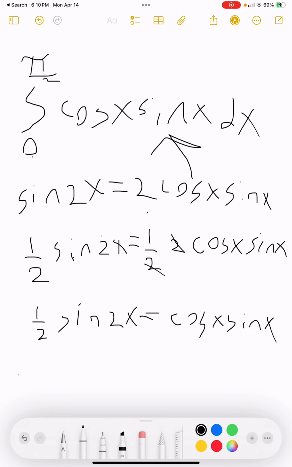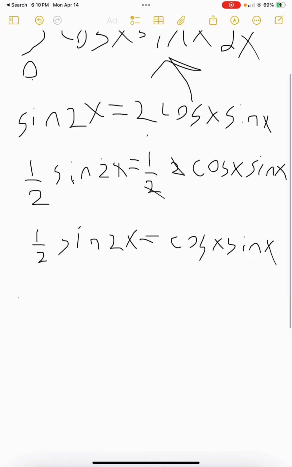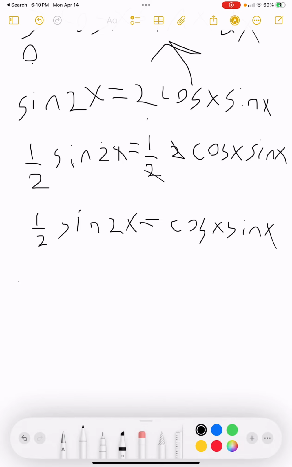Now we have two similar things. So what we can say is this equals the integral from 0 to pi over 2 of 1/2 sine 2x dx.